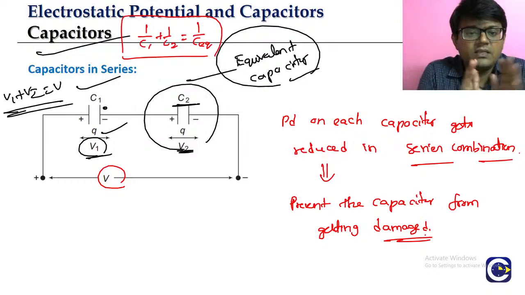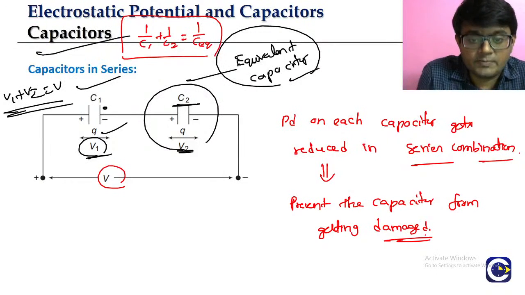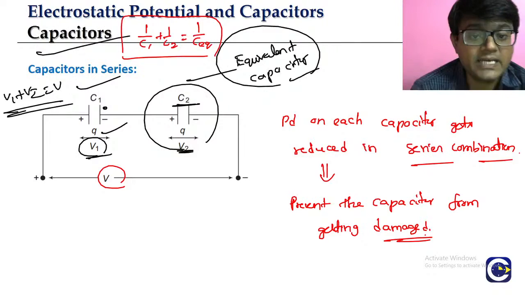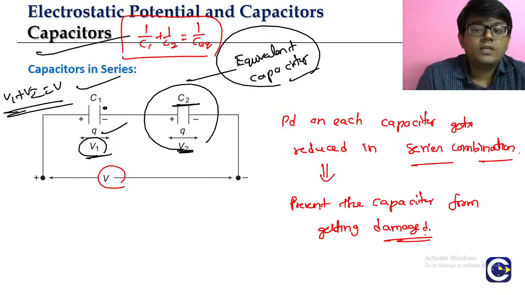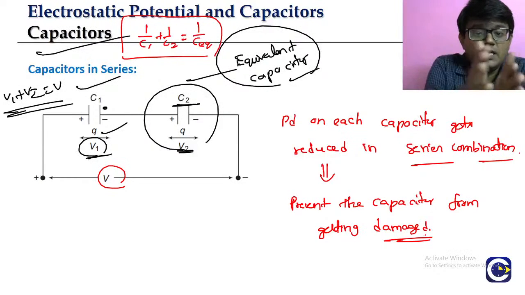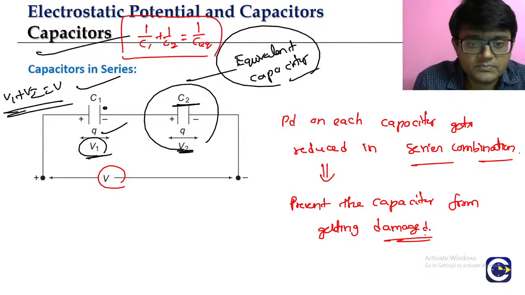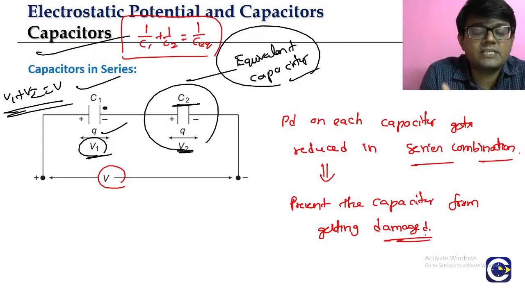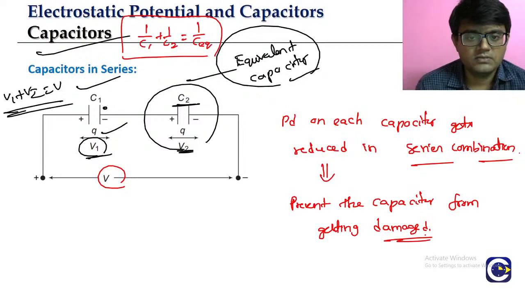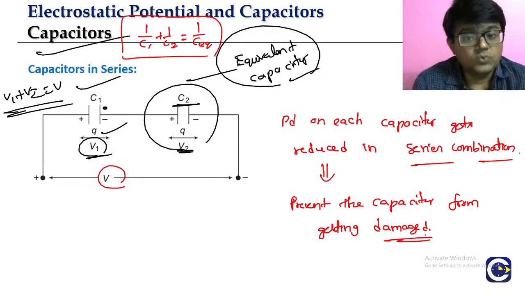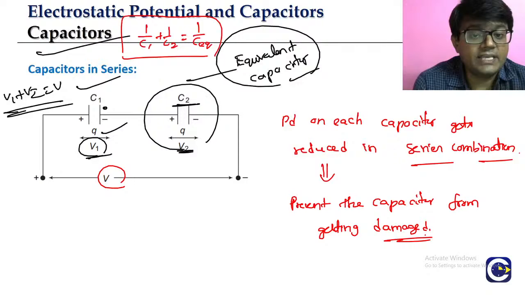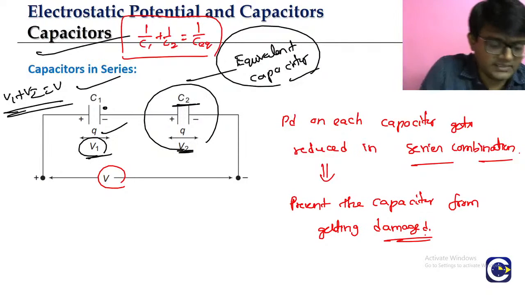If you directly connect a capacitor to a voltage source, there is a chance that the capacitor might get damaged because of the high potential difference, where the medium between the two capacitor plates can get ionized. The potential where it gets ionized is called the breakdown voltage. The electric field value where the medium gets ionized is called the dielectric strength.